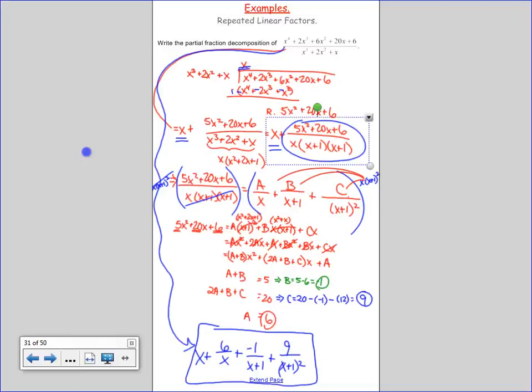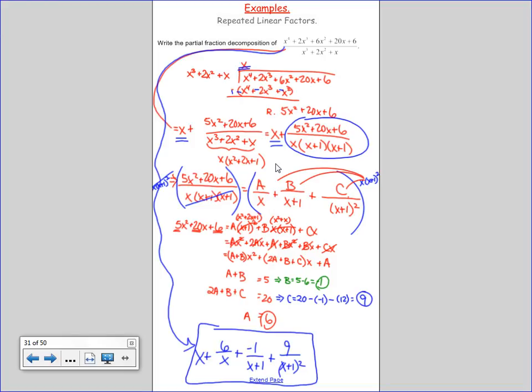So why is it a over x and the second one b over x plus 1, not x plus 1 squared?